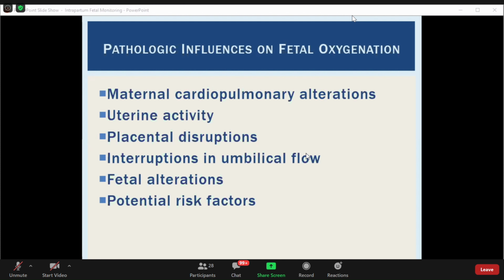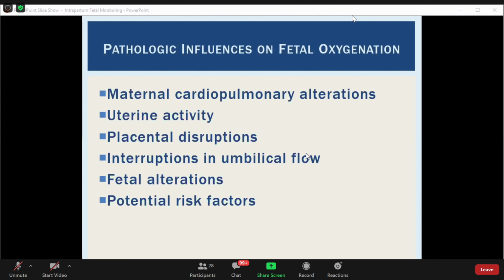Central nervous system abnormalities, cardiac abnormalities. If this fetus is going through severe bradycardia, if there is persistent tachycardia in the fetus, any of those can result in diminished fetal oxygenation.